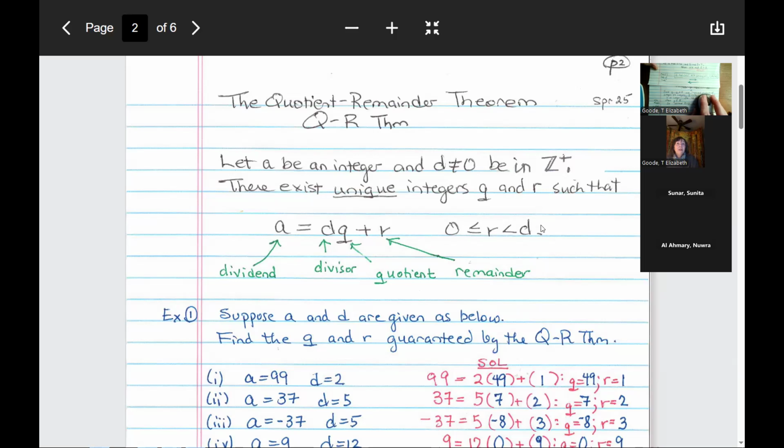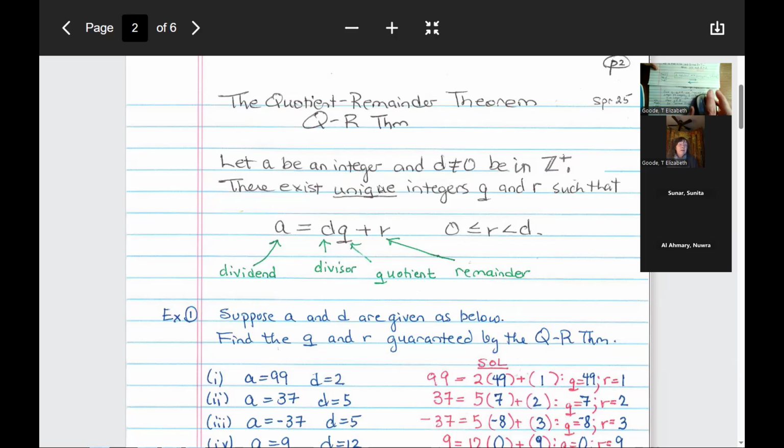The remainder won't ever need to be too big. So the QR theorem is a guarantee that we can write A in this format using the divisor D with a bound on the remainder.